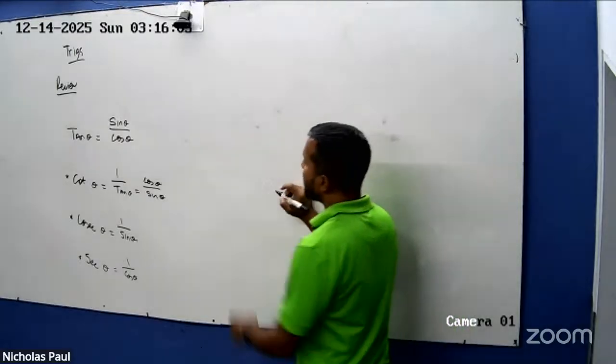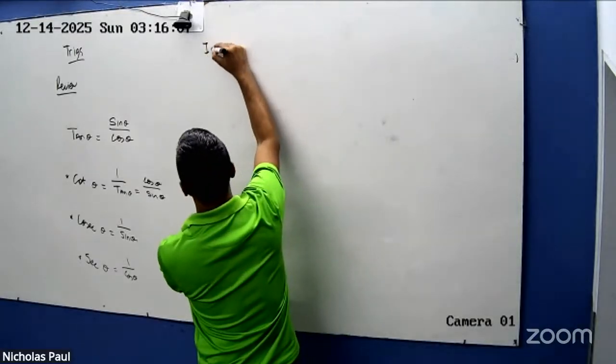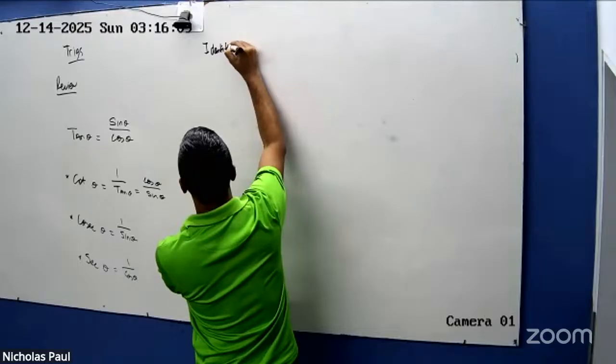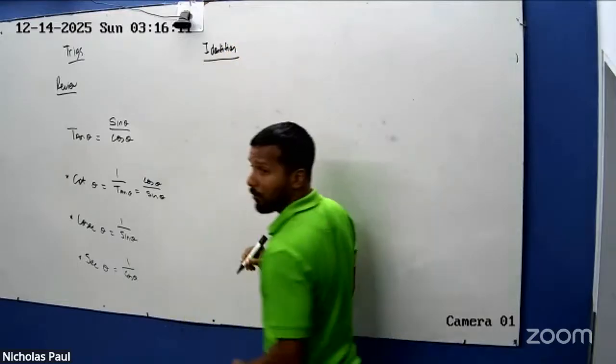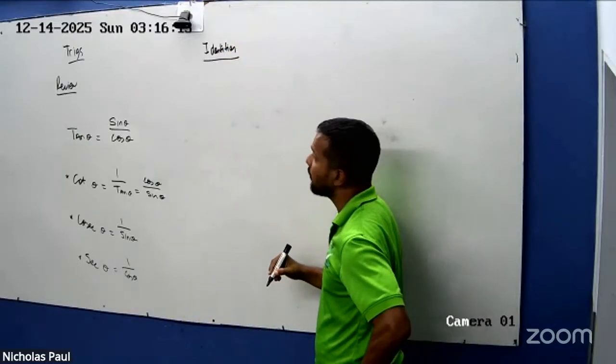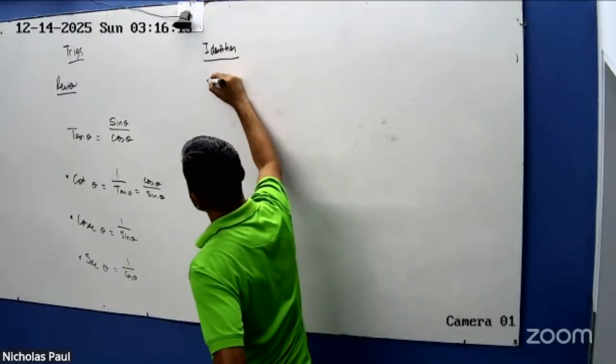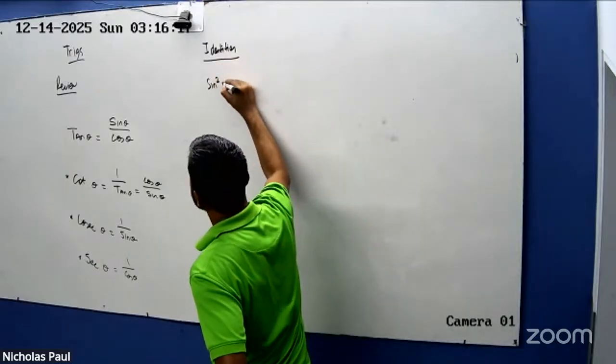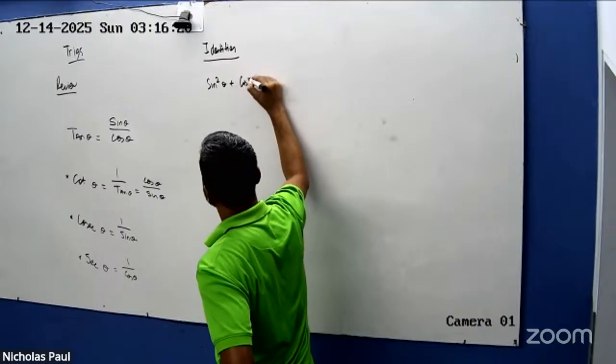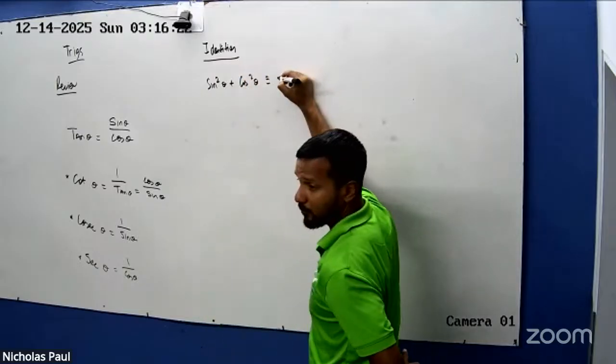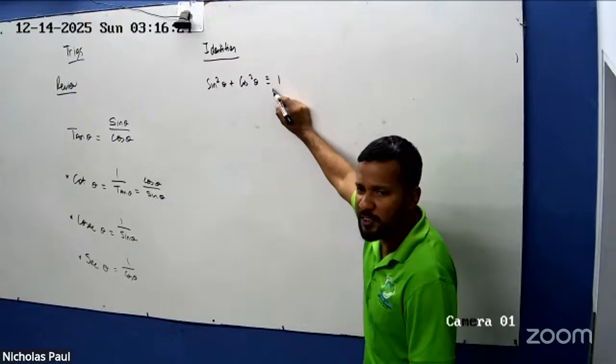Right, from this, there are some identities I want you to remember. The first one you should remember, you remember this one? Sine squared theta plus cos squared theta is what? Is 1. What do three lines mean again?